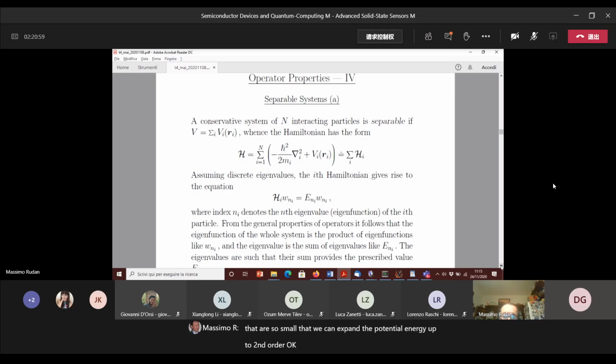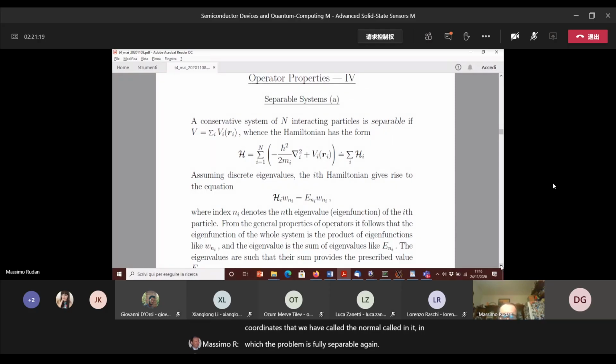We have treated this case in detail, and we have found that in that case there is a set of coordinates that we have called the normal coordinates, in which the problem is fully separable.